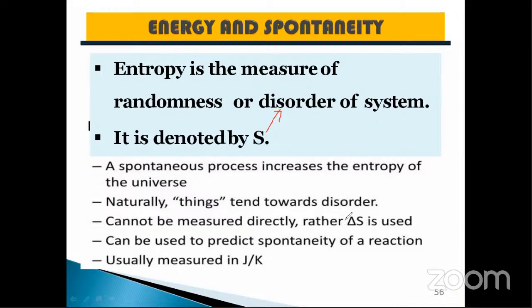Entropy is a state function. So S1 is the entropy in the initial state, and if S2 is the entropy in the final state, then the difference between these two entropies, S2 minus S1, is nothing but delta S. So this delta S is the change in entropy, and it is the state function, and this is known as the spontaneity.